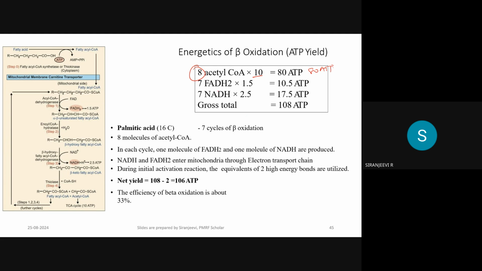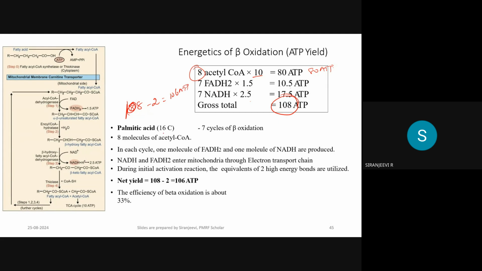And 7 FADH2 form 10.5 ATP, and 7 NADH form 17.5 ATP. Gross total is 108, whereas when the fatty acid gets activated, 2 ATP molecules are utilized. So that's why 106 ATP.